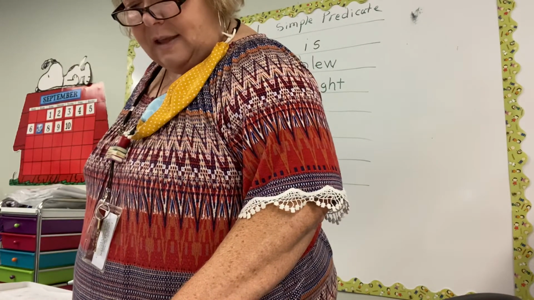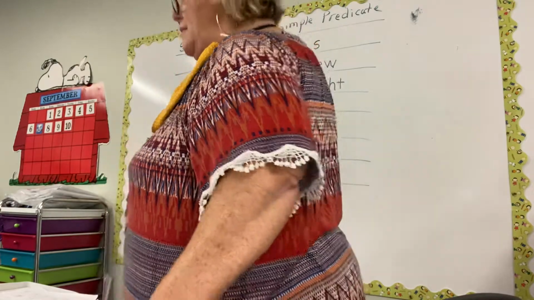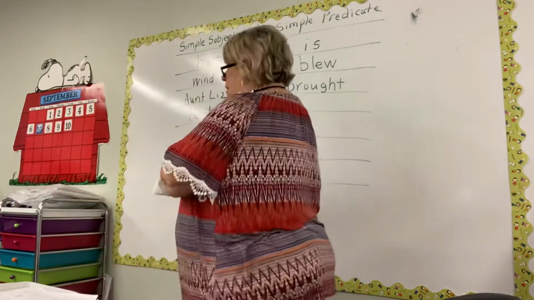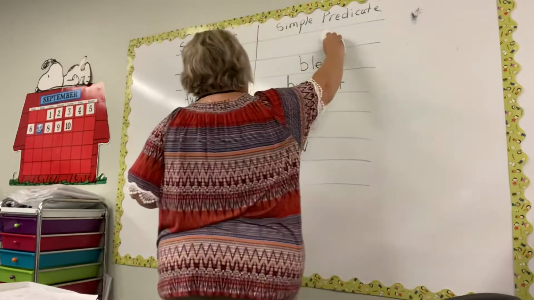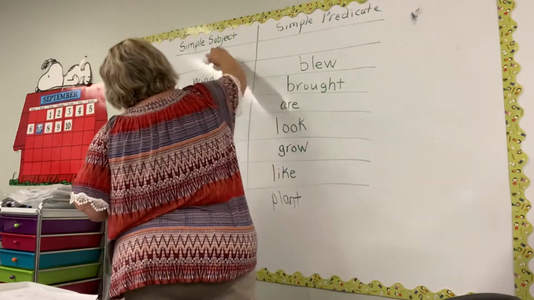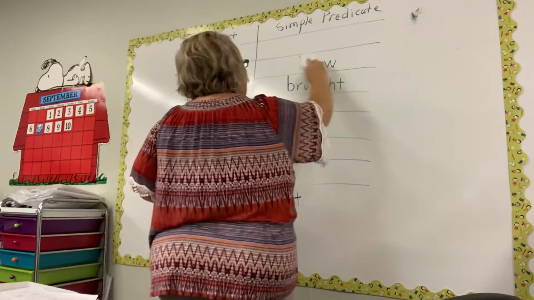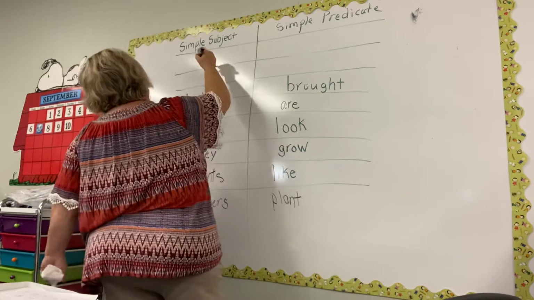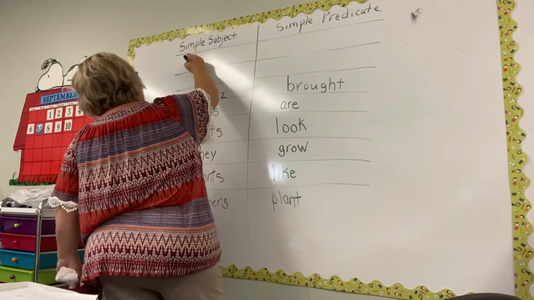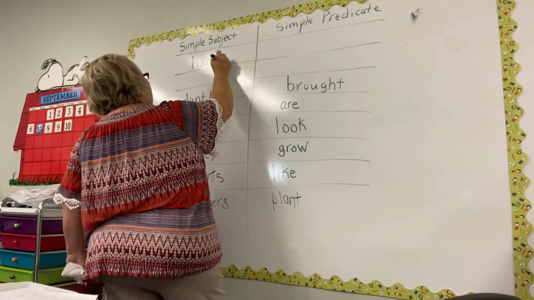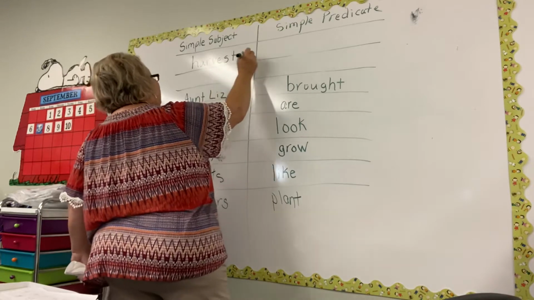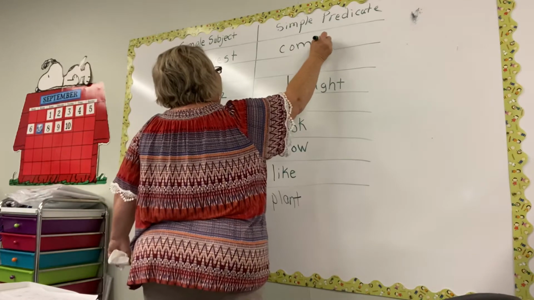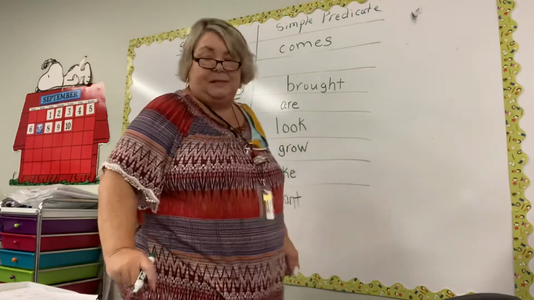All right, number 6. Harvest comes in the fall. Where would we divide that one, Elijah? Between harvest and comes, that's right. And Elijah, what is the subject of that sentence? Harvest. Not the, simple, just harvest, very good. And what is the verb or the predicate? Comes. Very good. Harvest comes.